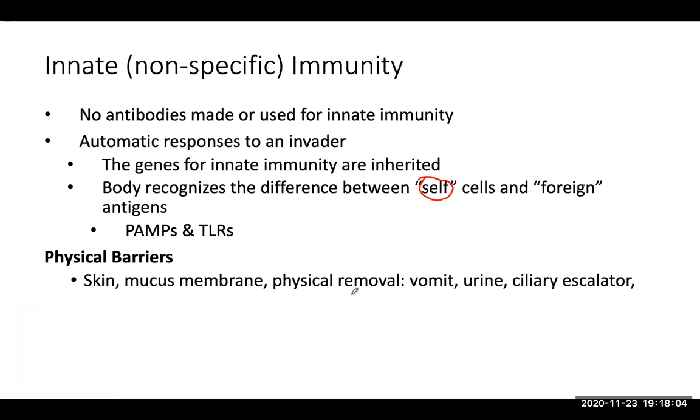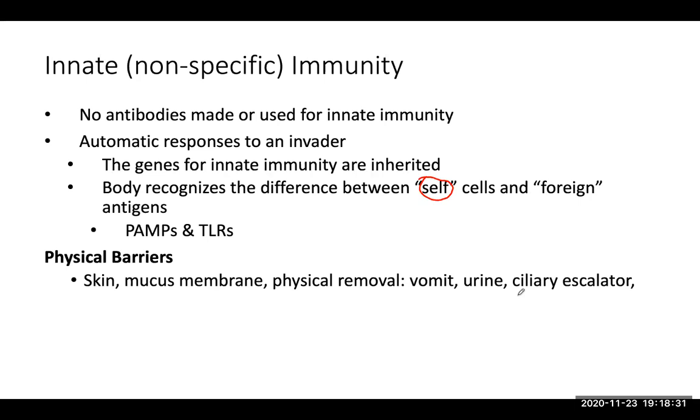Okay, so physical removal could be just removing mucus from the mucous membrane. An example of that would be the ciliary escalator. Your lungs are covered in mucus, and in the respiratory system, but especially in the lungs, we have cilia that constantly propel the mucus up and out, and then you swallow it.